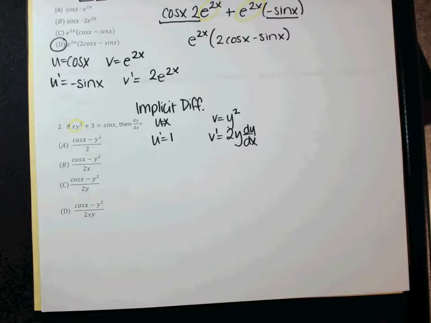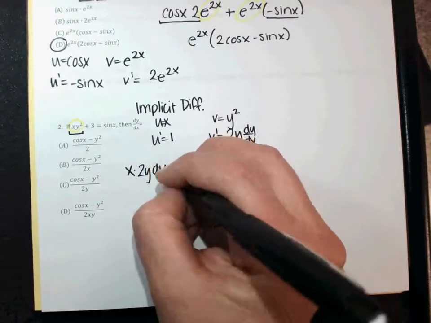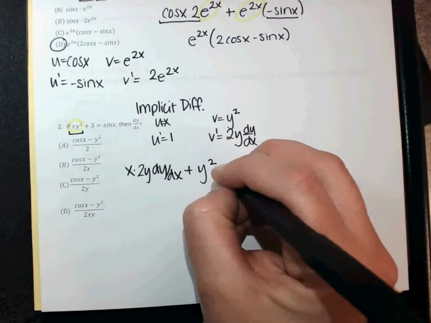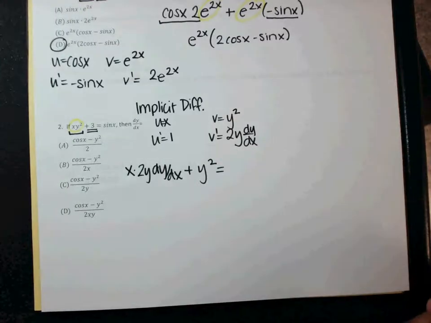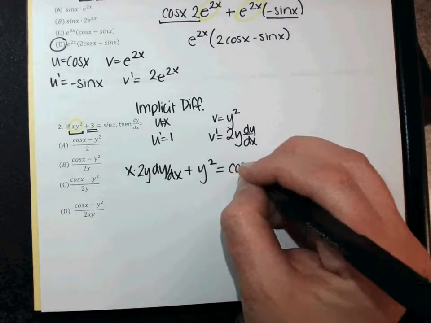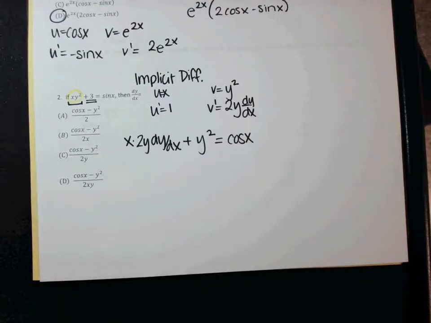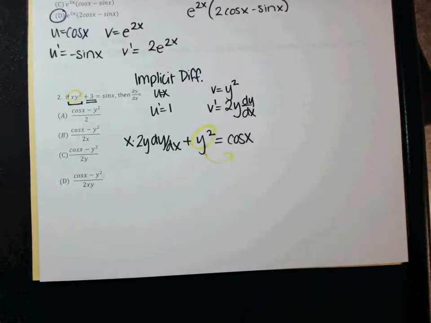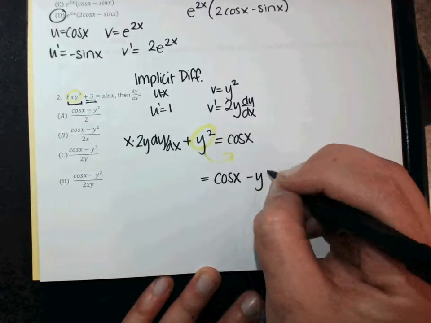Okay, then from there, for that particular thing, you're going to have to do x times 2y dy dx plus 1 times y squared. Then equals, what's the derivative of 3? 0. And then equals, what's the derivative of sine x? Cosine x. Then remember, anything without a dy dx has to move to the other side. Y squared is going to move over, so cosine x minus y squared.